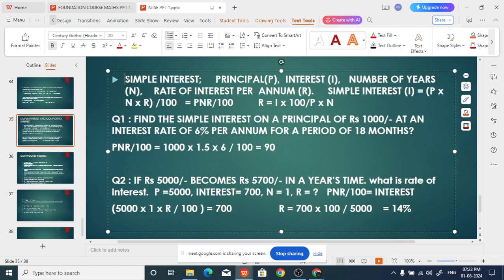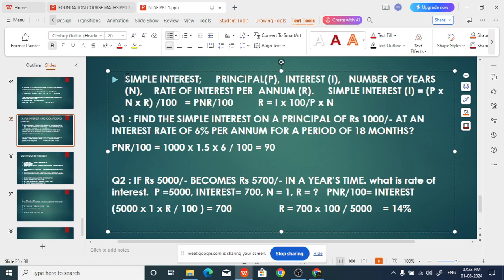Simple interest you will refer to as SI, principal is P, number of years is N, rate of interest is R. So the formula says simple interest is equal to P into N into R by 100. Using this formula you can arrive at the answers.